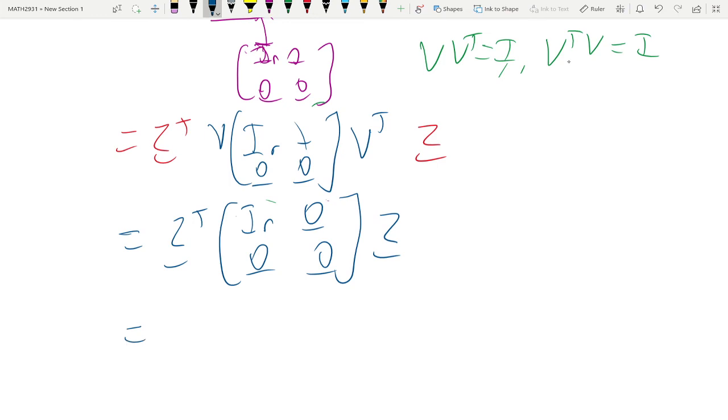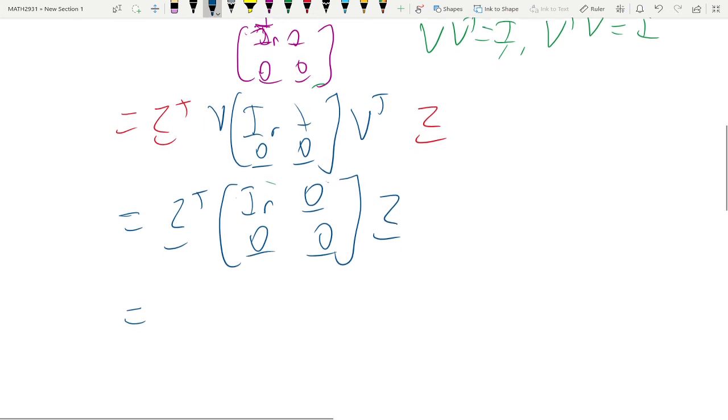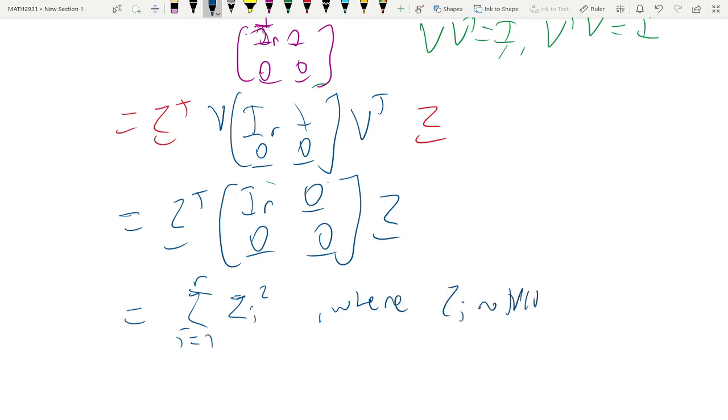Now we have this. This is pretty much a similar story. You can easily show that this is the sum from i equals 1 to R of Z_i squared, where Z_i are normal 0, 1, IID. That's the assumption of what Z is in the initial question given.